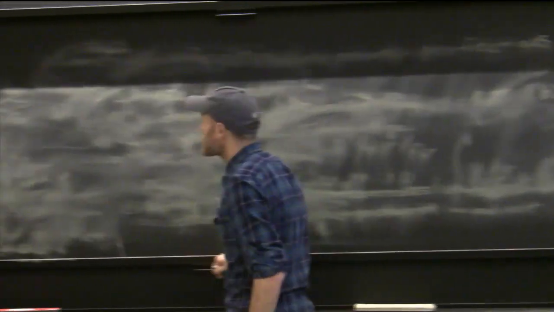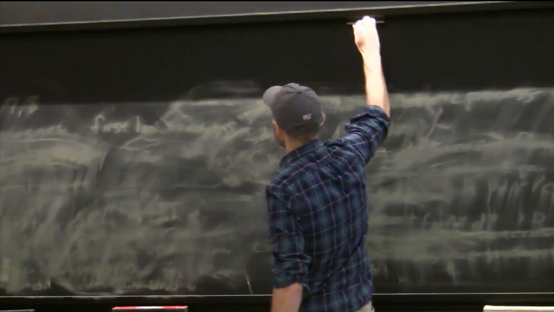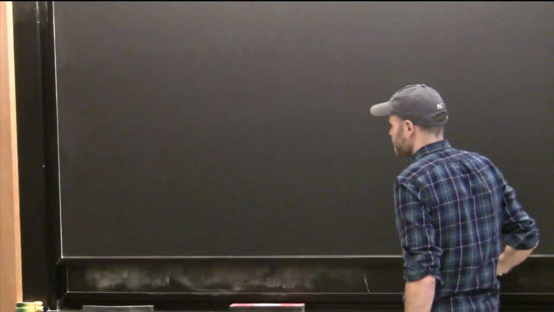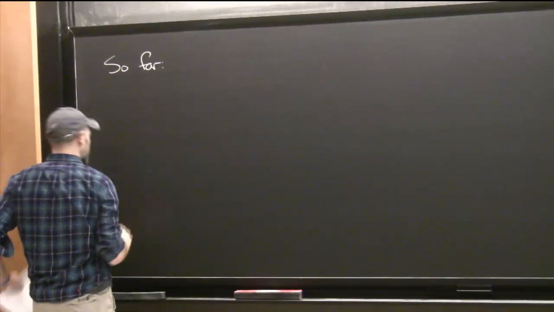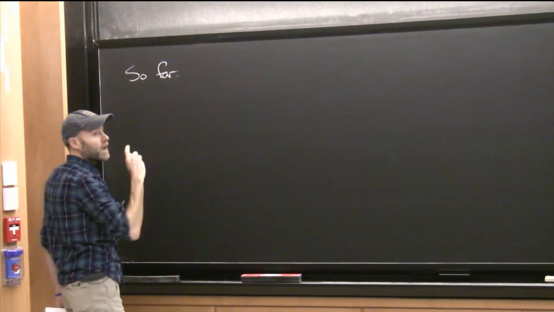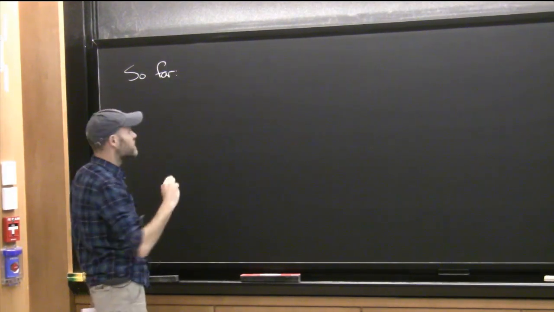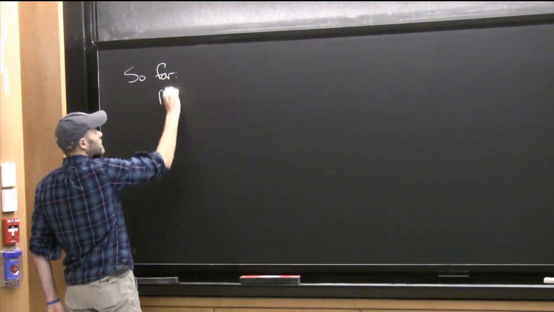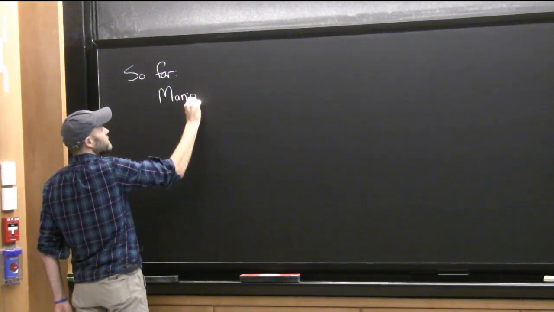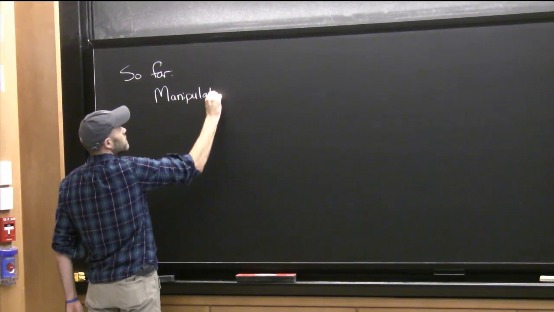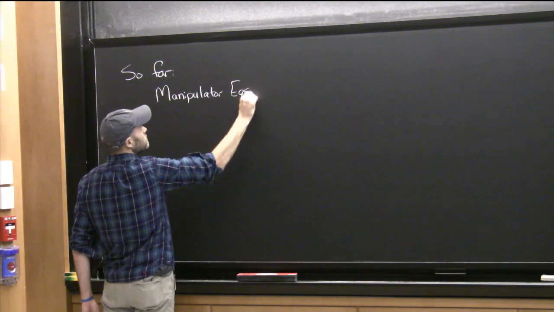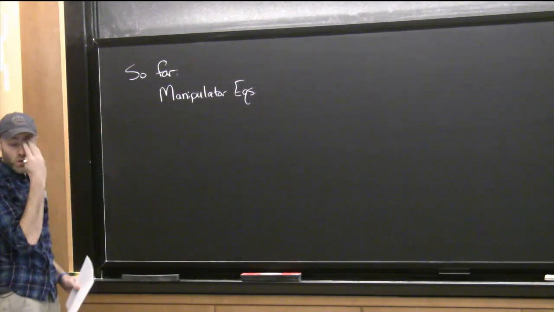Okay, so I feel like we've covered some of the preliminaries here. I'm going to reuse some of the ideas we've talked about before. In the very first lecture, I told you about the manipulator equations. We'll use those again today as a general form of the equations of motion for these robots.